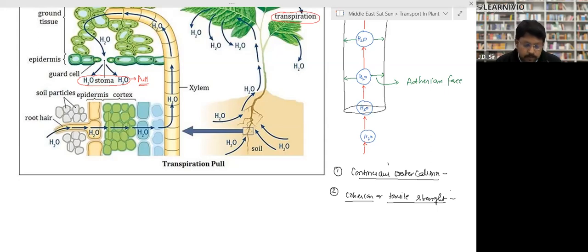Full stop. Surface tension accounts for high capillarity through trachea and vessels.